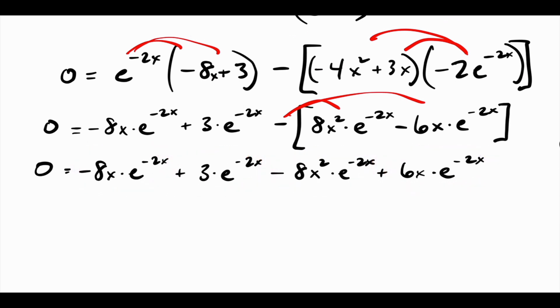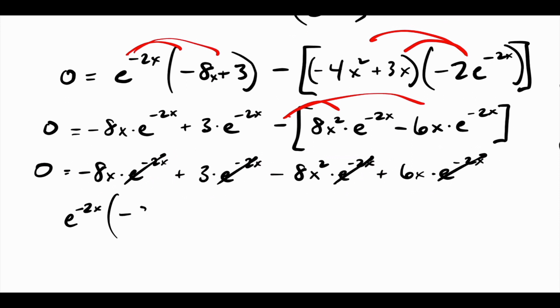Do you notice anything about all 4 terms? They all have e to the negative 2x. I can factor that out. So when you factor it out, it goes away. So now I have negative 8x plus 3 minus 8x squared plus 6x.